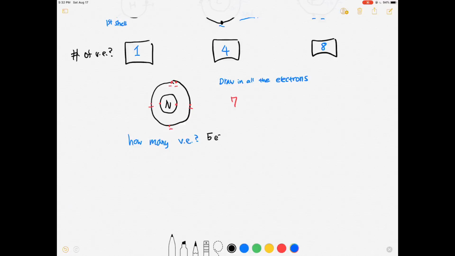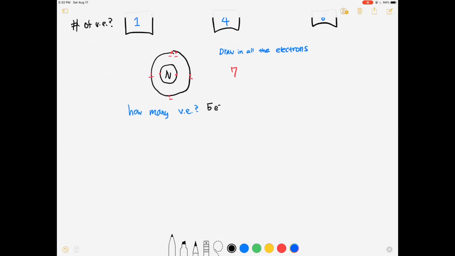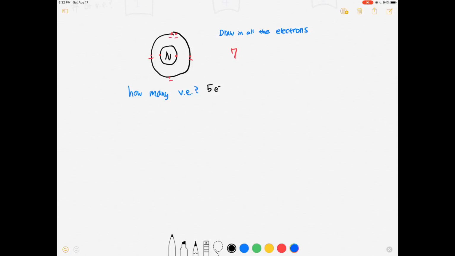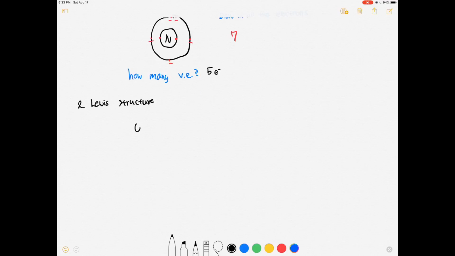Okay, moving on to Lewis structure. A Lewis structure is a representation of molecules where each atom's valence electrons are specifically shown. Let's try oxygen. Draw out the valence electrons for oxygen.